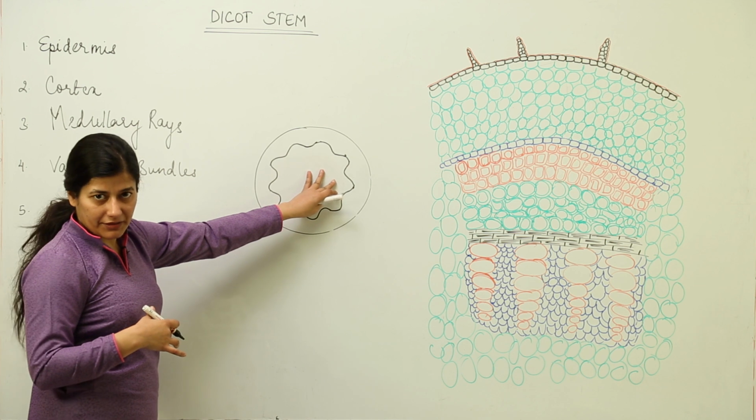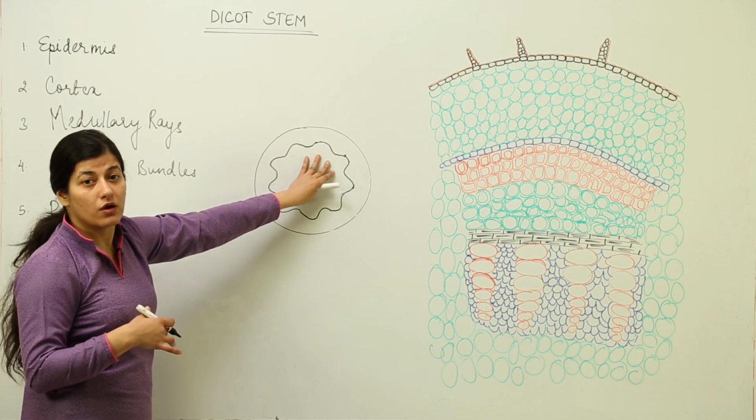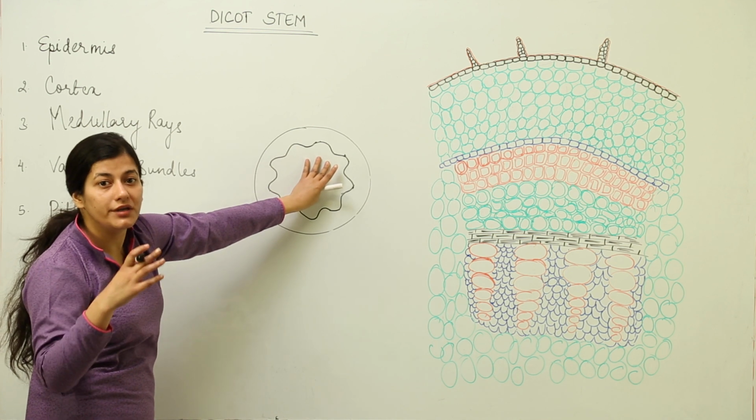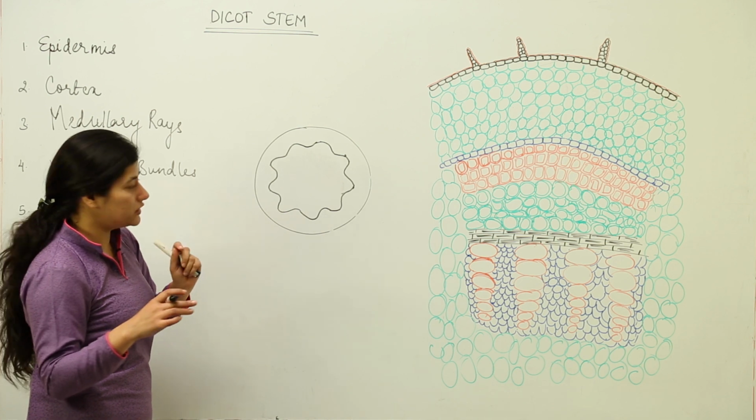Now, this wavy pattern, this line that I have represented, is because of a wavy endodermis. Okay, now this is the stem that you would observe under the microscope.